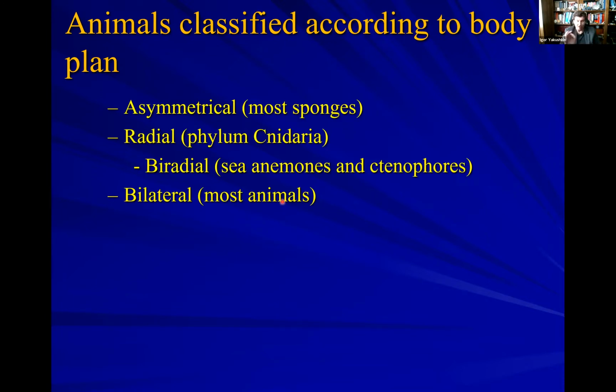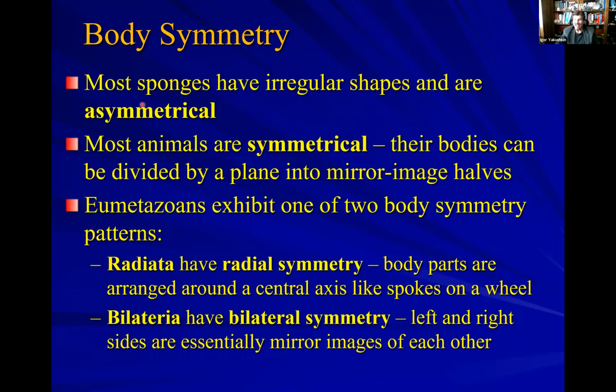We're not looking for perfect symmetry, but I have a right hand and left hand, one eye and the second eye, ears and so on. So more or less the same. Not exactly, not precisely, but more or less the same. So sponges are considered to be asymmetrical, meaning there is no internal symmetry whatsoever.